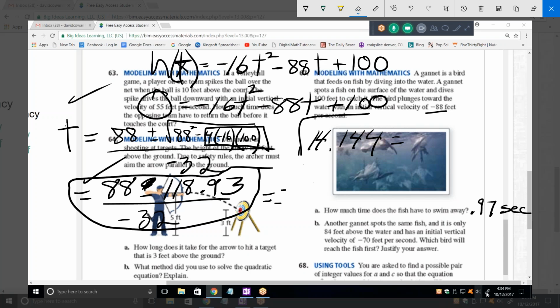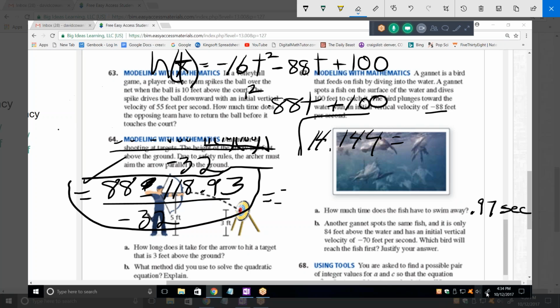No. Part B. Another bird spots the same fish and it is only 84 feet above the water and has an initial vertical velocity of minus 70. Which bird gets to the fish first? Well, you've got to do the exact same equation, only using the numbers for the second bird.